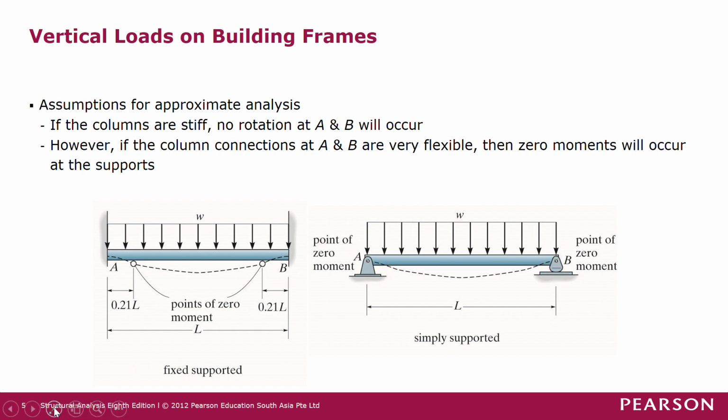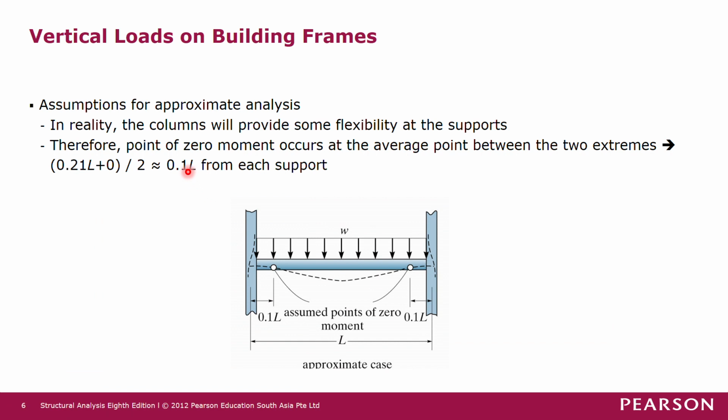Okay, so if we take the middle of these two extreme cases, then we might say that the inflection point or the zero moment point is at 0.1 L from each support.